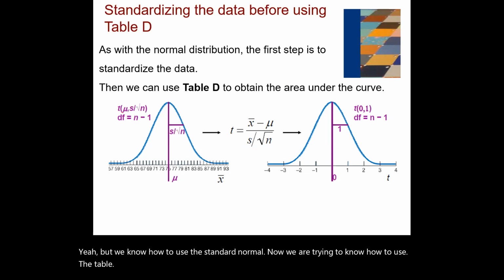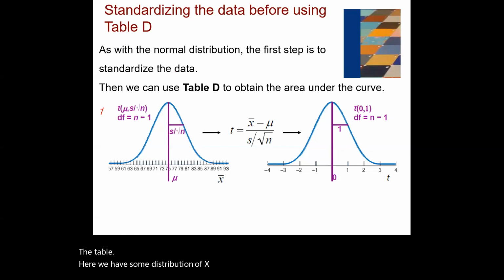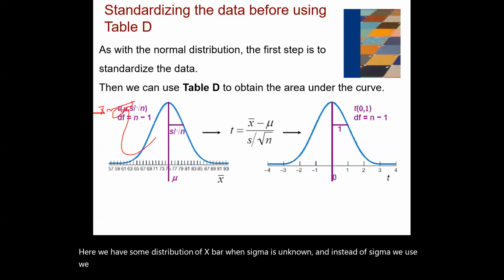Here we have a sampling distribution of X bar when sigma is unknown, and instead of sigma we use S. It follows a T distribution with mean mu and standard deviation S over square root n, with n minus 1 degrees of freedom.